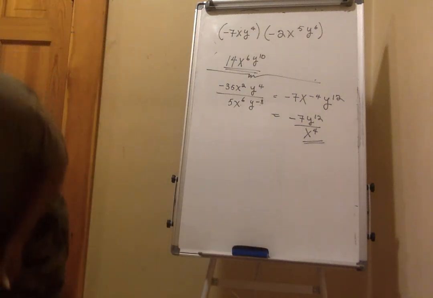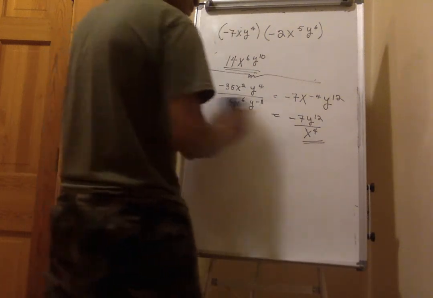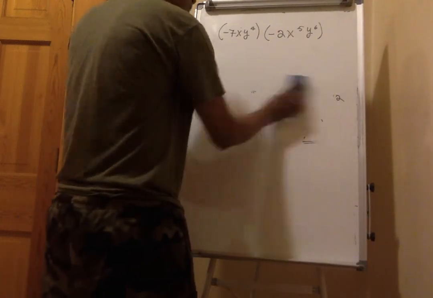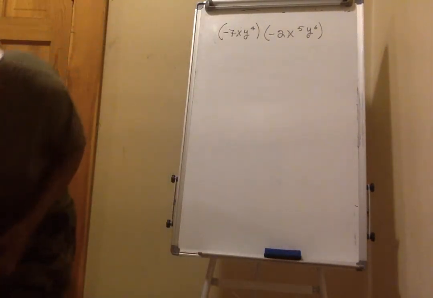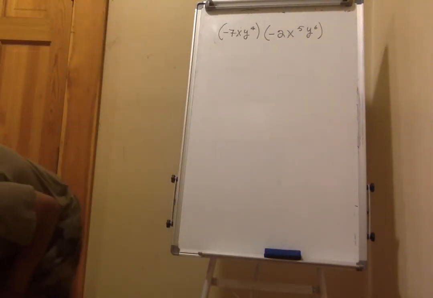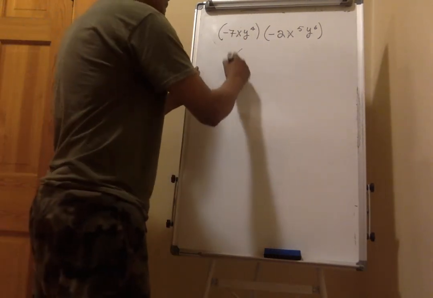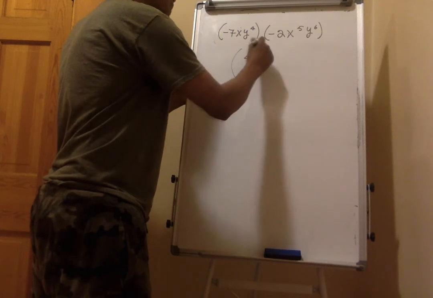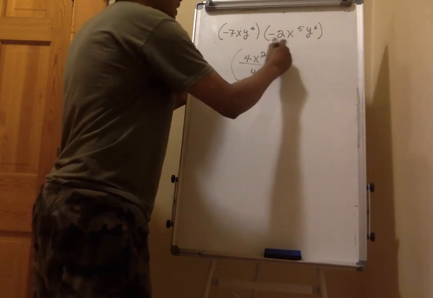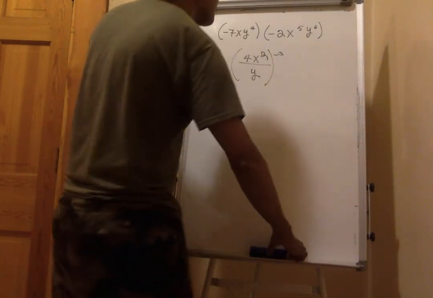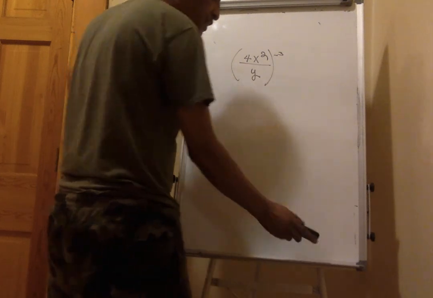Now, the last one, I promise, would be 4x squared over y to the negative 3. This is involving negative exponents.